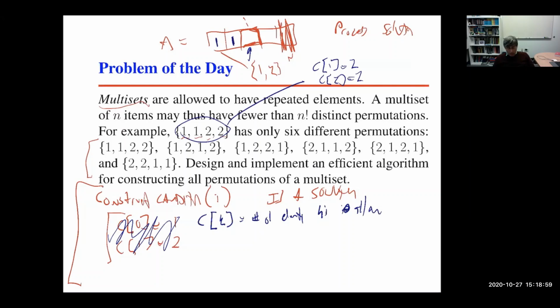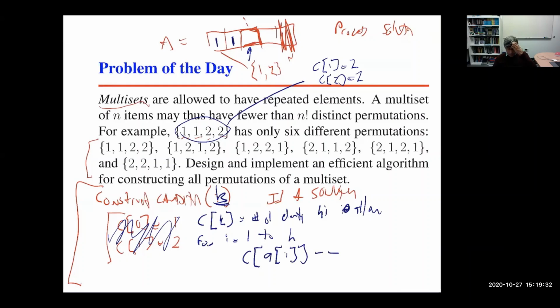For my particular permutation, for i equals 1 to k, if I've already put down k elements in my permutation, I'm going to say C sub A sub i minus minus.